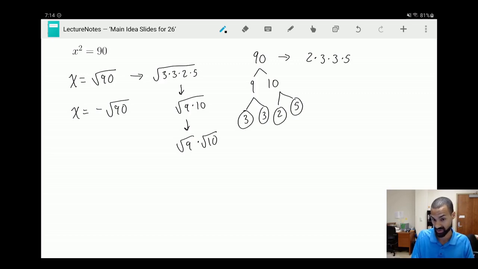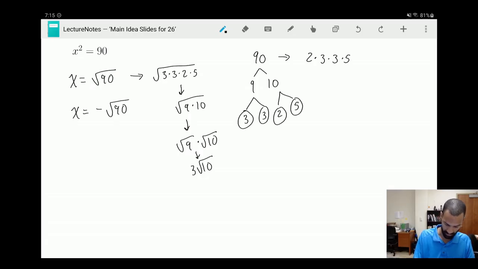And the square root of 9 is 3, because 3 times 3 is 9. The point is, the pair of 3's end up coming out, okay? And you're left behind with whatever's not paired up. That's how you simplify a square root.